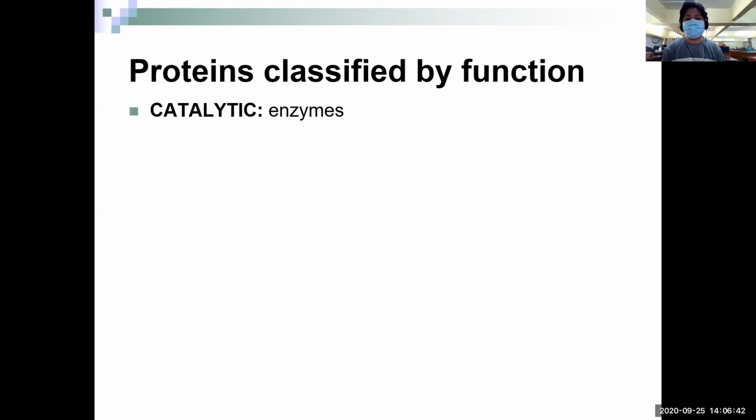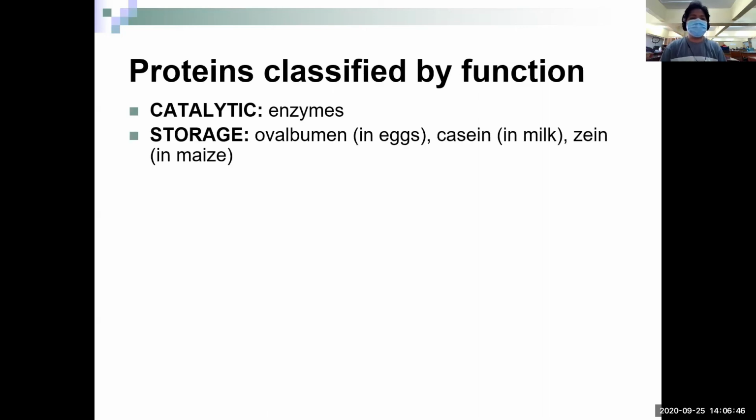So example of those proteins are enzymes. We have also storage proteins. Storage proteins are of course used for storage of mga molecules. Example, we have ovalbumin for eggs, casein in milk, or zein in maize or corn.